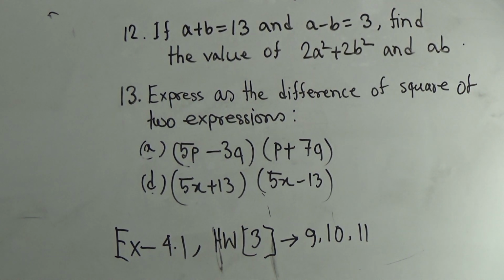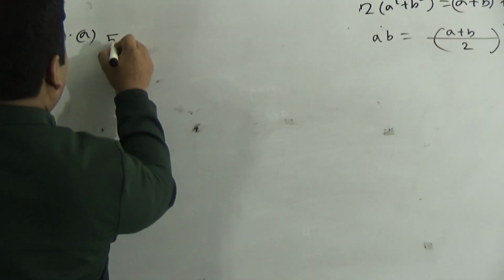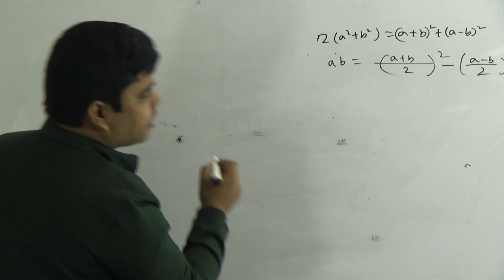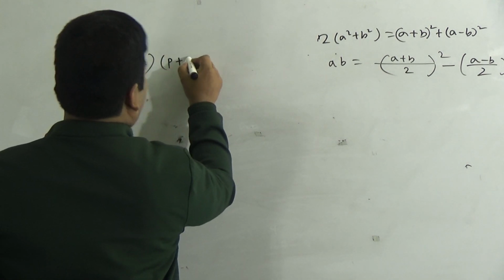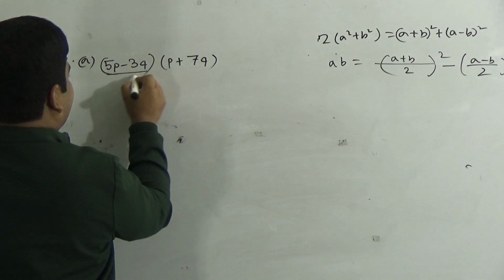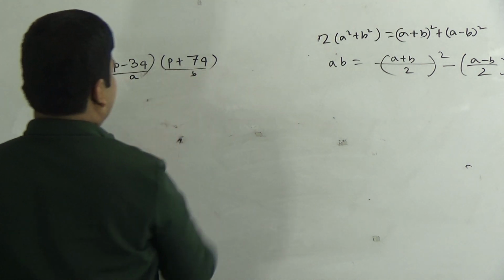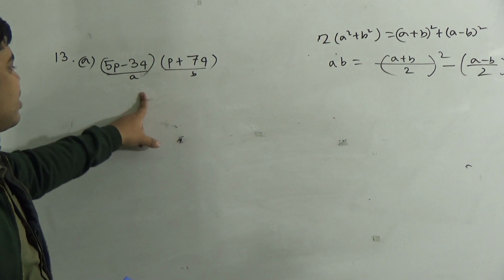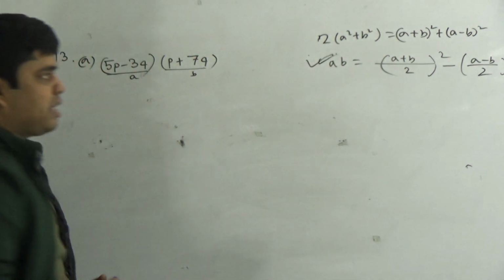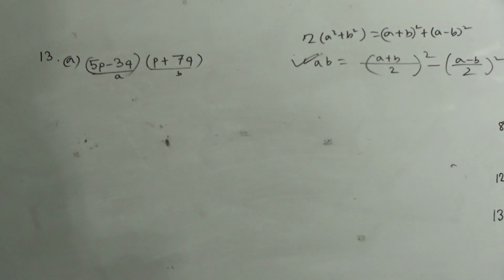First one, a is 5p minus 3q and b is p plus 7q. Okay, consider this is a and this is b, so it is ab. So here we use this formula, ab's formula, that means (a plus b by 2) whole square minus (a minus b by 2) whole square.